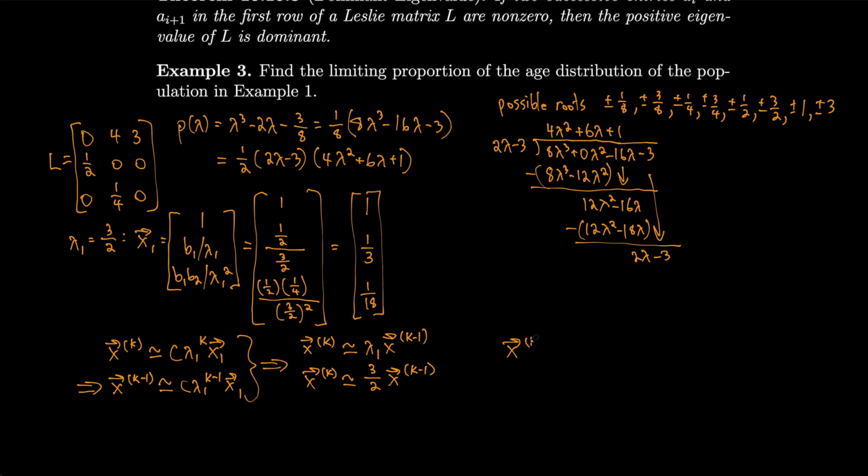So xk, in general, should be approximately equal to some constant times 3 over 2 to the k times the eigenvector 1, 1/3, 1/18, which tells us that 72% of the population should be 0 to 5 years, about 24% should be 5 to 10 years, and 4% should be from 10 to 15 years as the limiting behavior of the population.